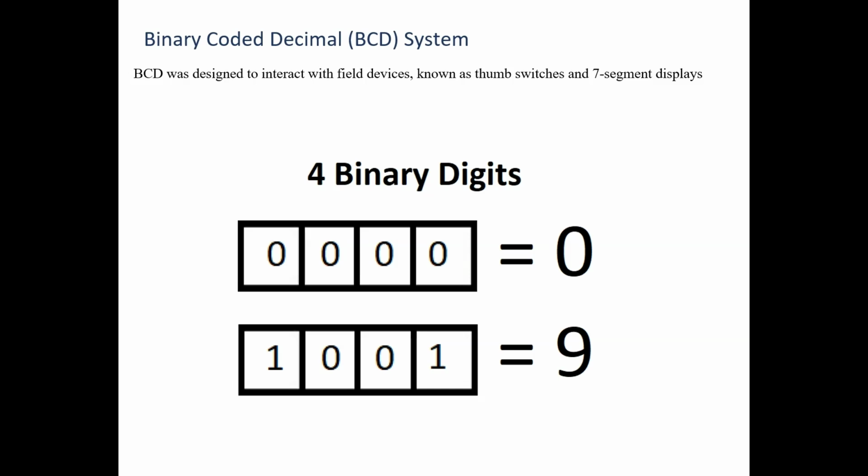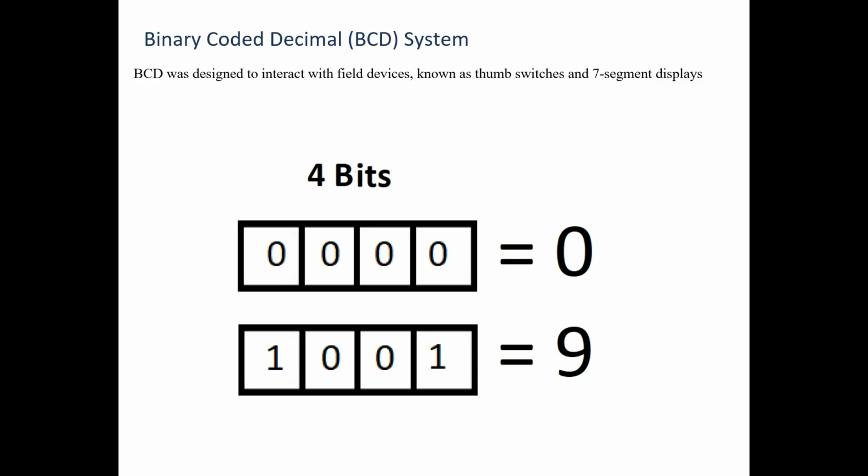The key to this binary code is the ability to communicate decimal numbers from 0 to 9 with 4 binary digits. By the way, the short form for binary digits is bits.